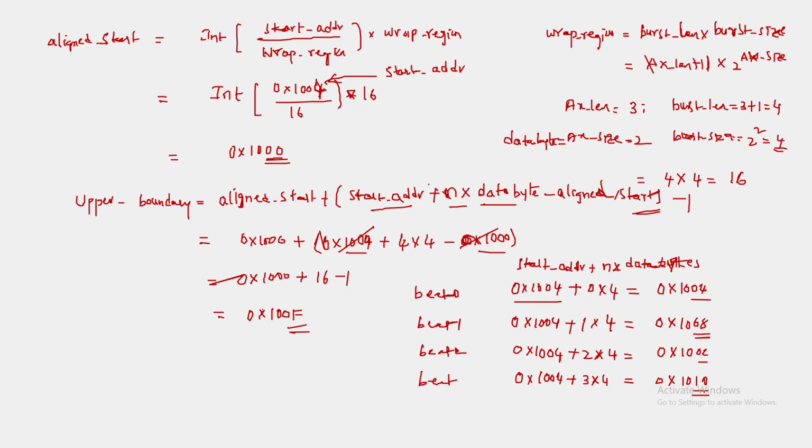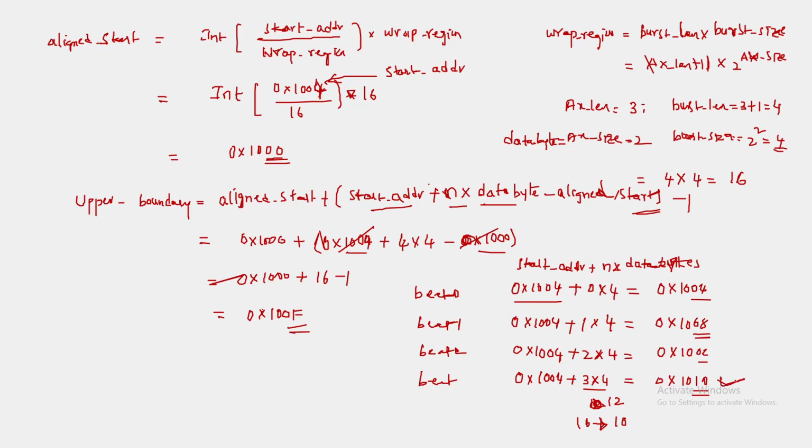I told you that this is 12, 12 plus 4 is 16. How can we write 16 in hexadecimal? We write it as 10. So 10 added to 1000 means 1004, then we get 1010.